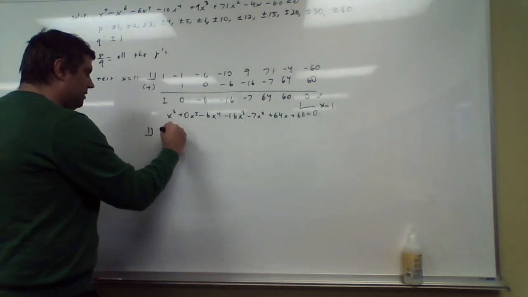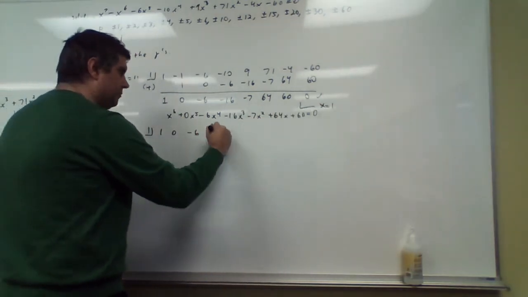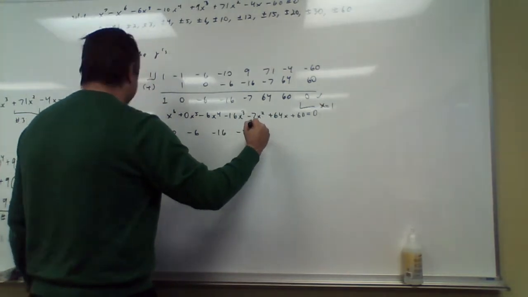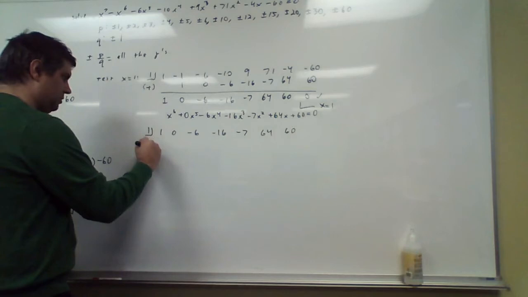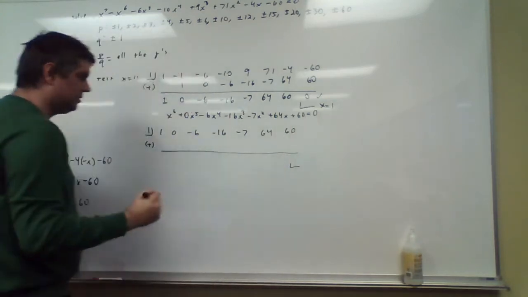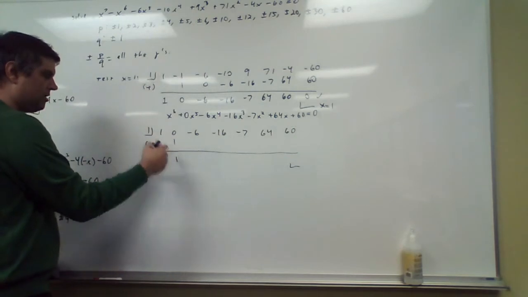So we got 1, 0, negative 6, because we're going to use this polynomial now. Negative 16, negative 7, 64, and 60. So bring down the 1. 1 times 1 is 1. 1 times 1 is 1.